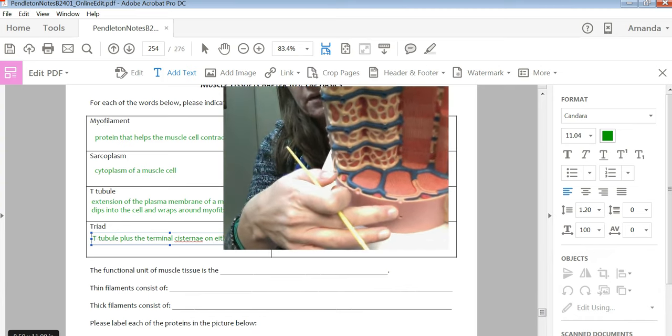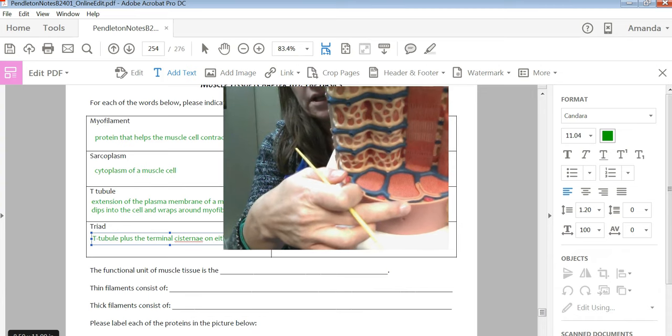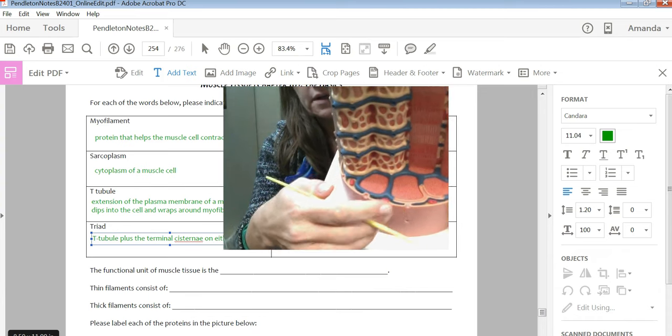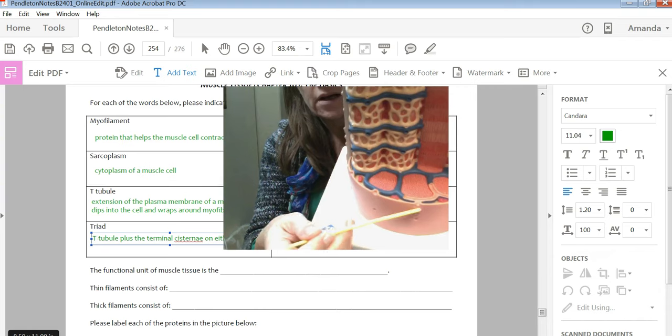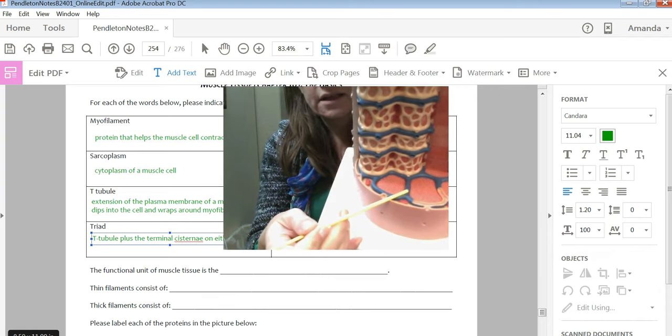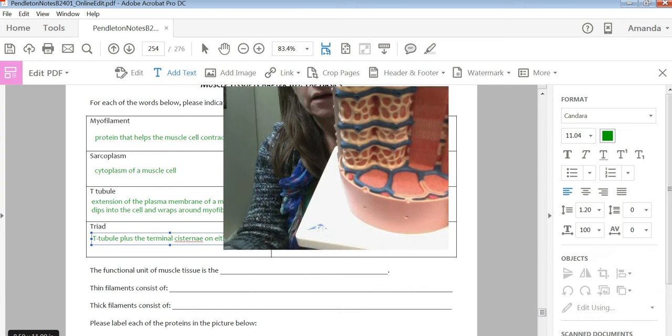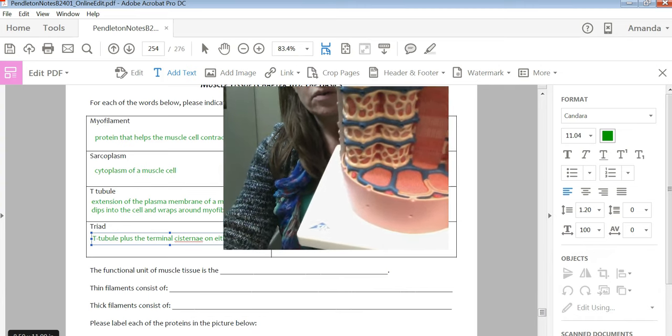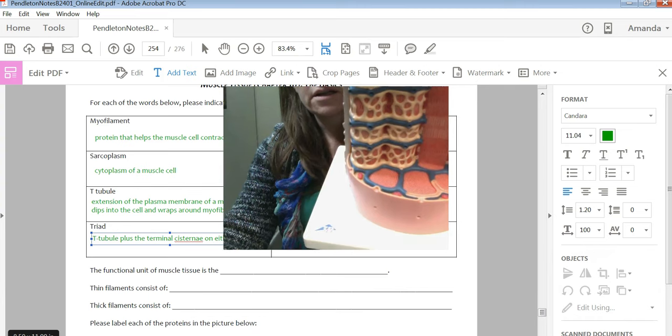Here is going to be our sarcoplasmic reticulum, and right here hopefully you can see how that sarcoplasmic reticulum dips in and then creates these T-tubules right there. Okay, so those T-tubules really are just an internal extension of that sarcoplasmic reticulum.